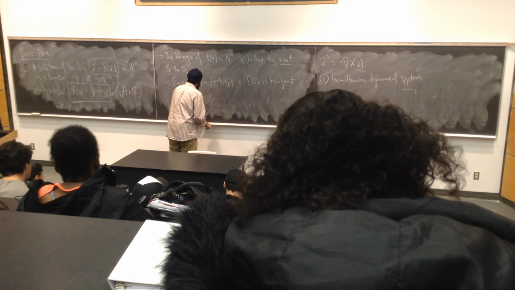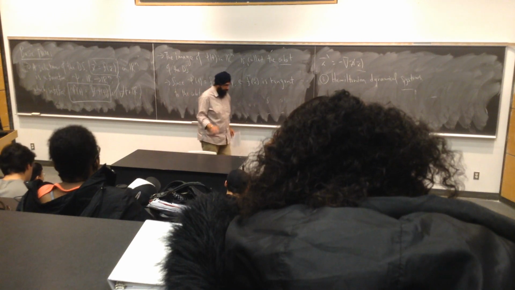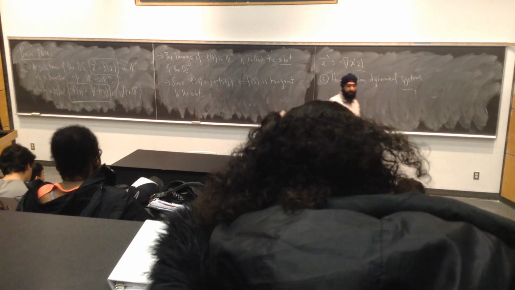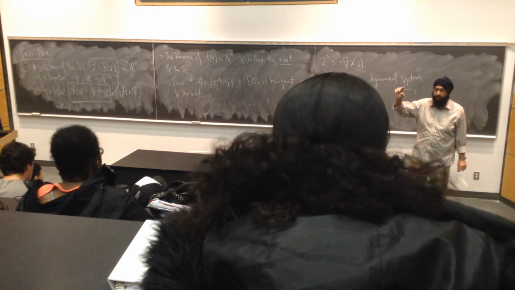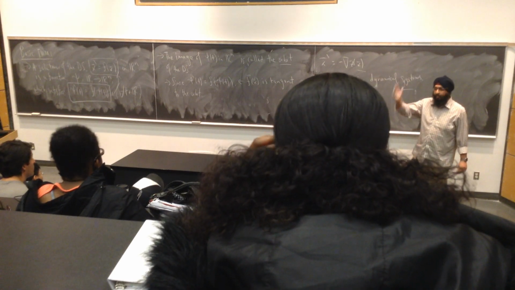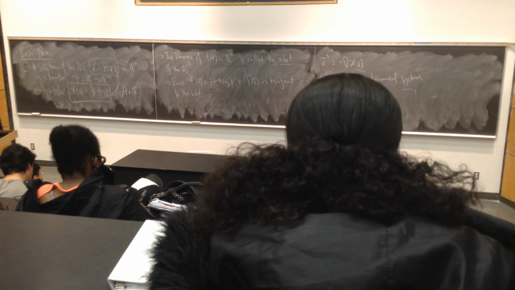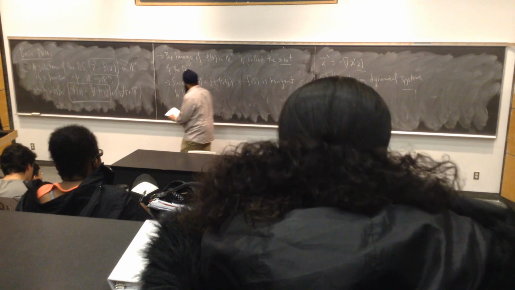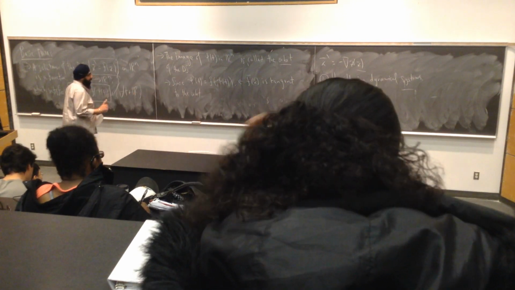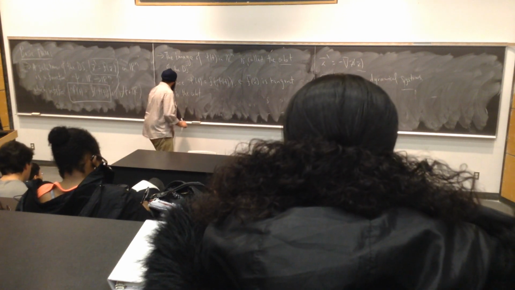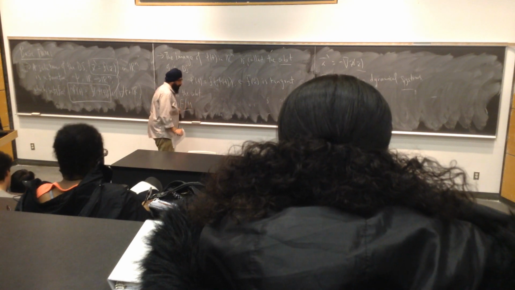Those who have done electromagnetism know the relationship between the gradient of the field and the tangent and all that stuff. Okay. So I will stop here, and next class I will talk very briefly about existence and uniqueness.